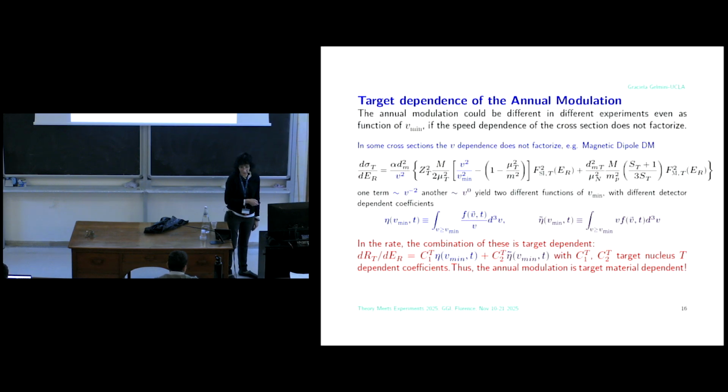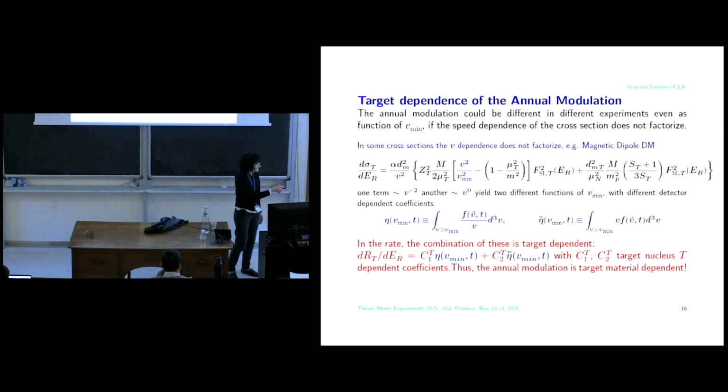Well, the differential cross section may have a trivial 1 over v squared, but this is only for SI or SD. Otherwise, it doesn't work, right? You have things that are more complicated. So if you have more than one term, and there are several interactions with more than one term, they are usually 1 over v squared or constant.